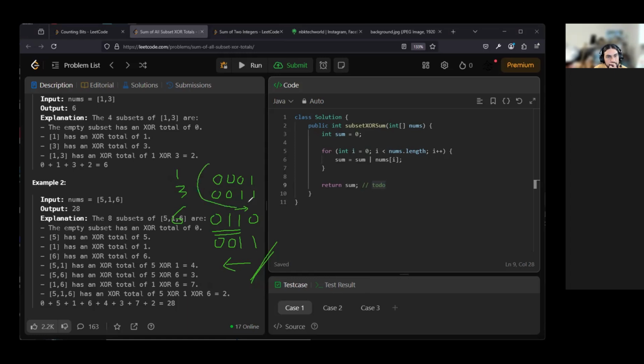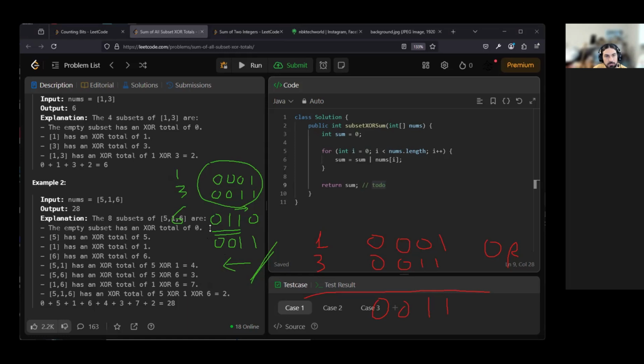Let's do it together, okay? Maybe I take this. Let's do 1 and do the OR. What's the OR between these two? 1 or 1 is 1. 0 or 1 is 1. 0, 0, 0, 0, 0, 0. Okay, so this is the OR.